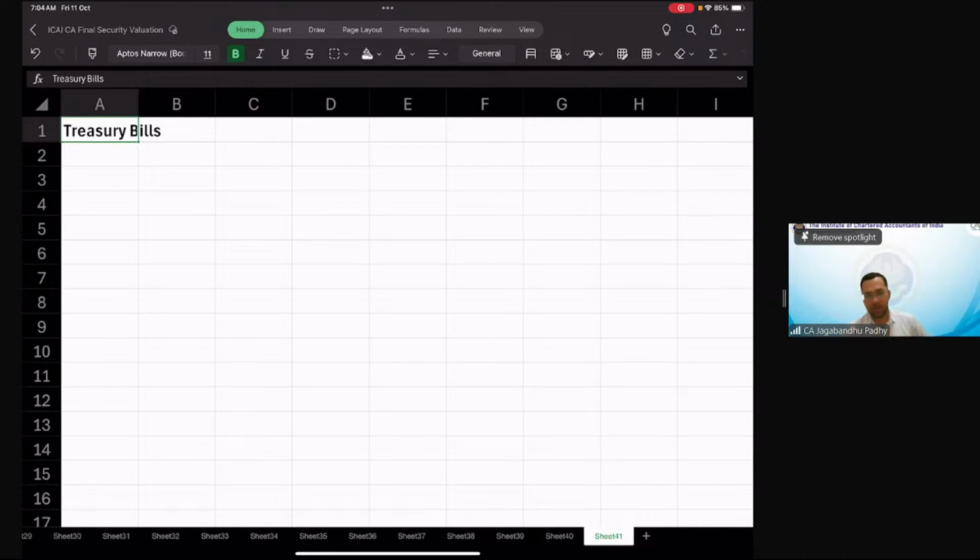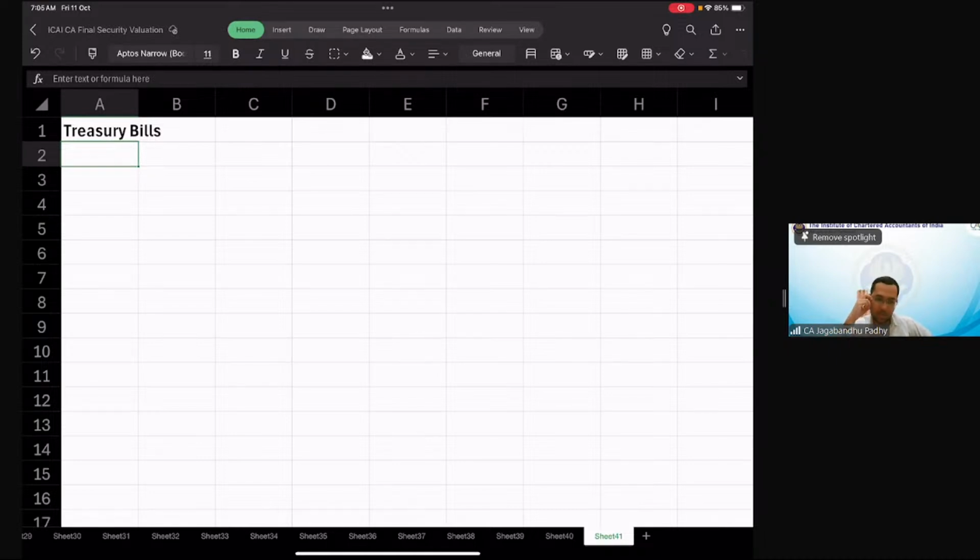Treasury bills. I think you might have learned this in your CA Inter also, where in the initial chapters, that is in the sources of finance, this is one of the source by which government raises funds for itself. So these are like short-term instruments which are issued by government for raising funds.